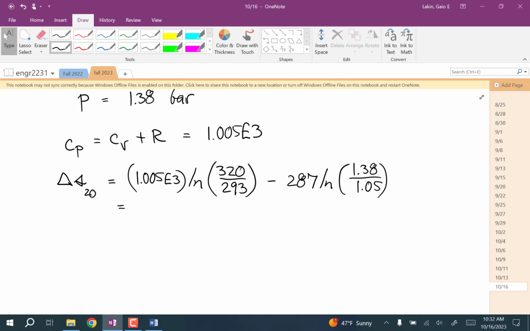And 1.15... 10.15. Okay. And that's joules per kilogram Kelvin.